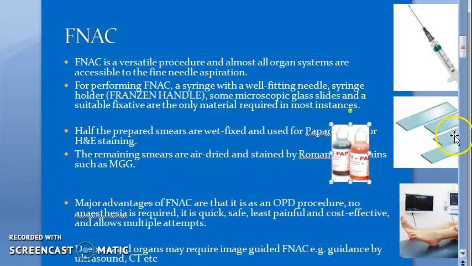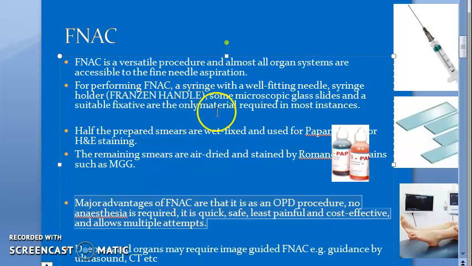So basically they are stained and then examined under the microscope, right? You examine them and then you give a diagnosis as to how it looks. Either it is benign or malignant, or what kind of inflammation, hormonal status, genetic study you can do, right?